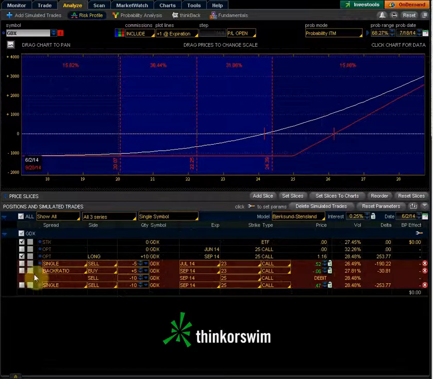So let's go ahead and apply this particular trade, and what it will do is balance out this position. It will account for this cost that I paid. It will zero out the contracts at September for the 25 strike, and it will add 5 new contracts at the 23 strike.